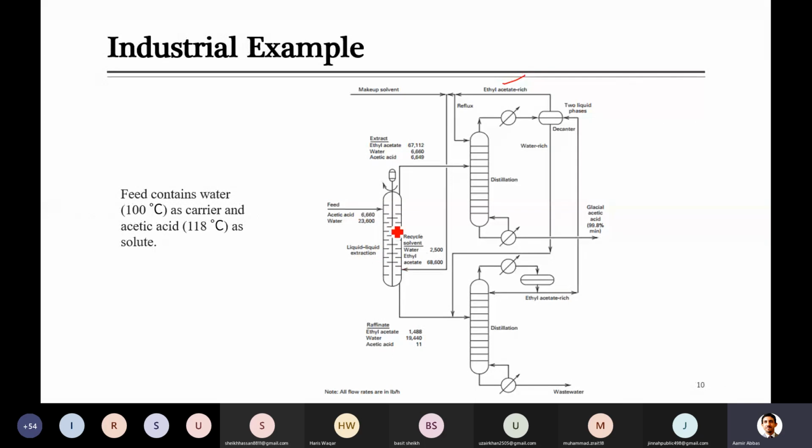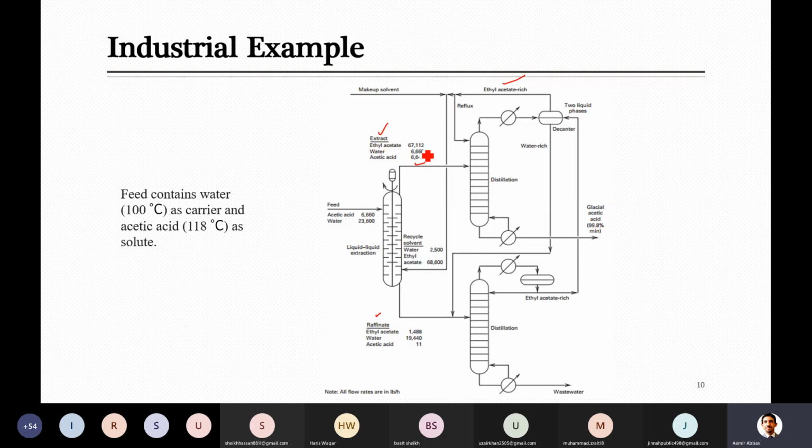You mix them, they come in contact with each other, and then separate out into two streams. In this diagram, although he has shown that later on they are settled or separated into two. One will leave from the top, which is the extract phase, and the other leaves from the bottom, that is the raffinate phase mentioned here. The extract phase contains a major component of that solvent, ethyl acetate, as you can see from the flow rate values.